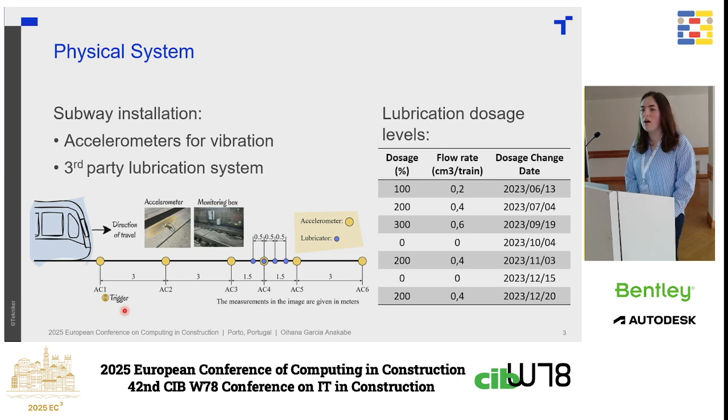These triggers record when a threshold is surpassed, and we record how the train goes through this section, a 30-second recording. And these lubricators put a certain amount of oil in the rail. So when the train passes through here, the oil is spread across the rail. This third-party enterprise gave us this table to show how much oil they were putting in the rail.